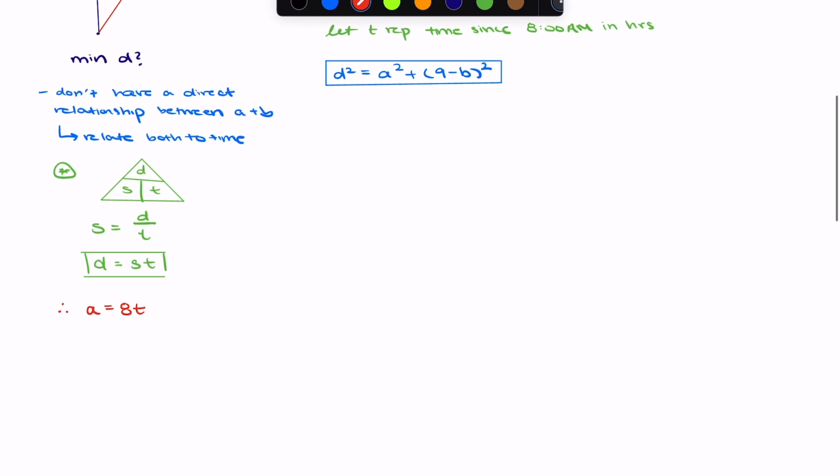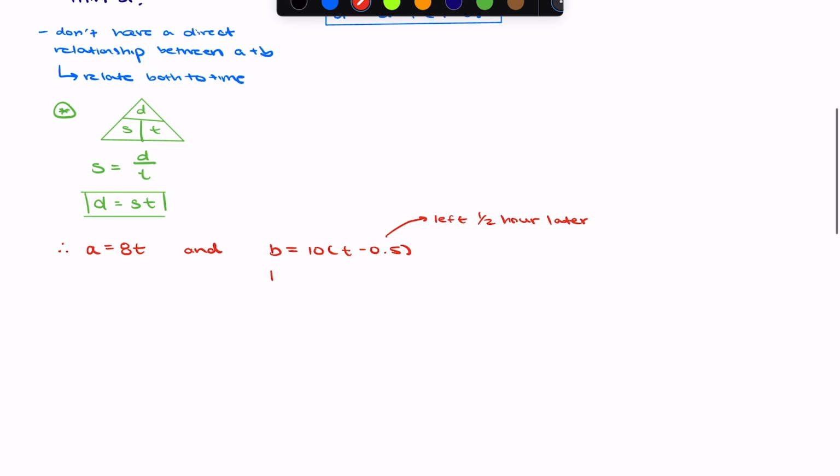So we know that A is equal to 8t, and in terms of B, we know that B is equal to 10 times t minus 0.5, because Bob left a half hour later. So here we expand this, and B is equal to 10t minus 5.